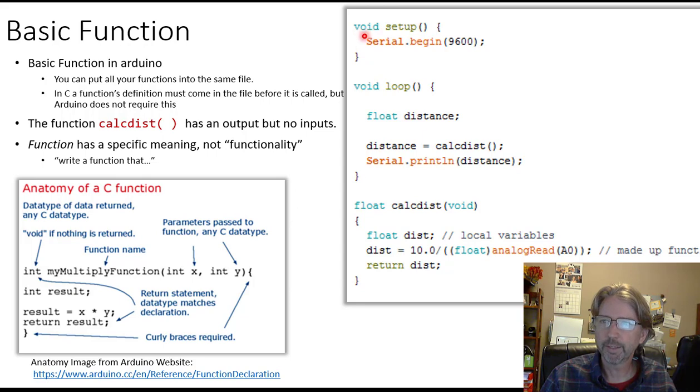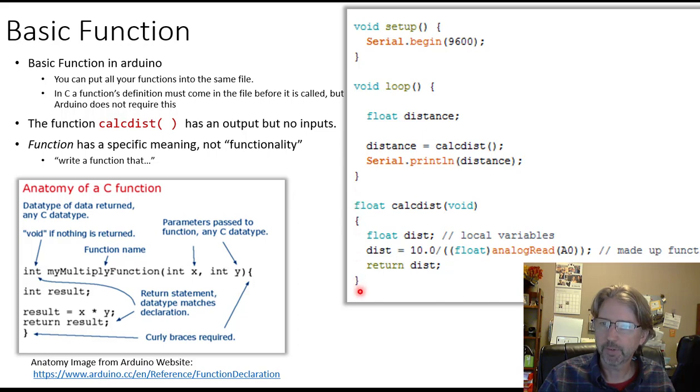They're both void instead of a return type, and they both have empty parentheses, so they have no inputs defined either. Sometimes you'll see void in the parentheses to confirm that there's nothing, but empty parentheses are fine. Then they have curly brackets for the beginning and end of the function.